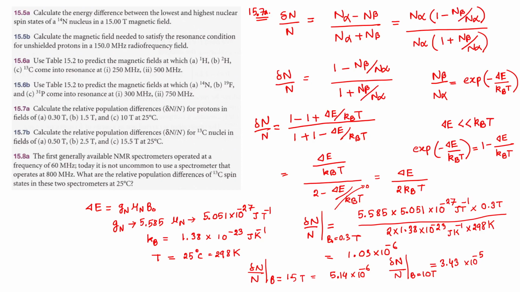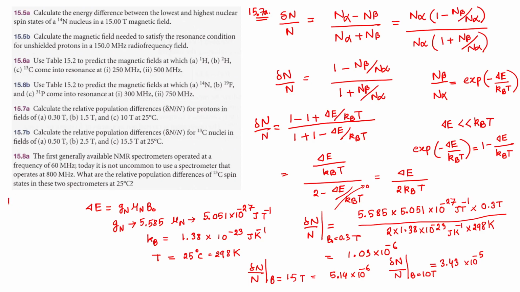So what are the relative population differences of 13 C-spin states in these two spectrometers at 25 degrees centigrade? So there it is asking that at two different B0 what is going to be the thing, right?